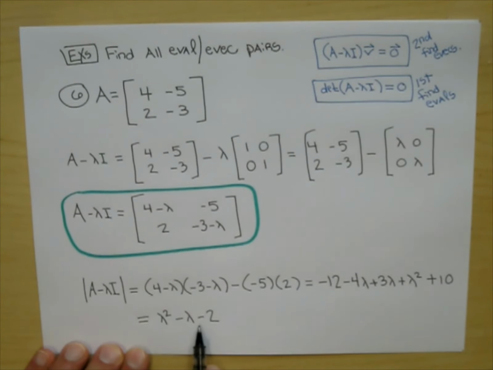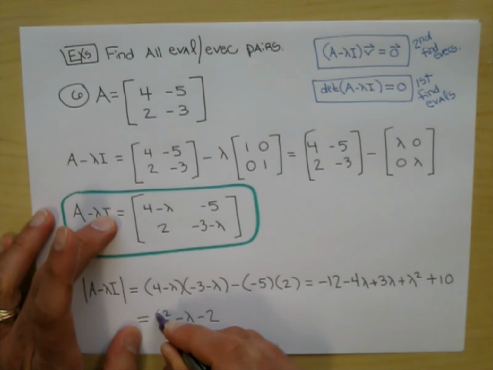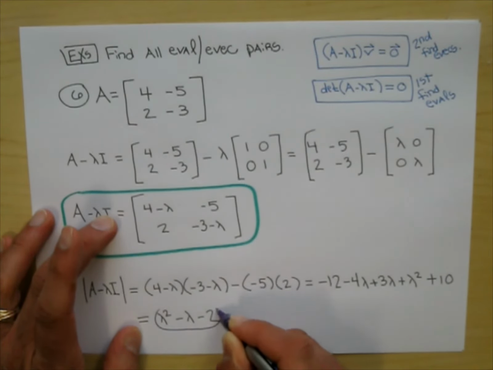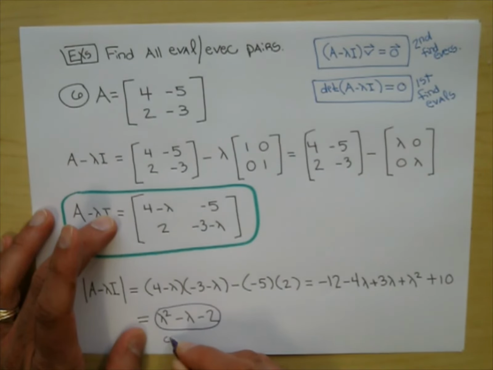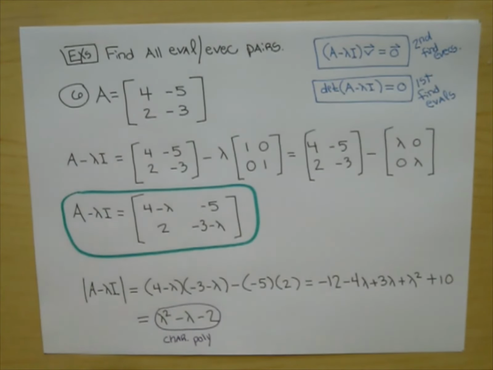That guy right there, lambda squared minus lambda minus 2, that is the characteristic polynomial. Okay, so this guy right here is the characteristic polynomial of that matrix.